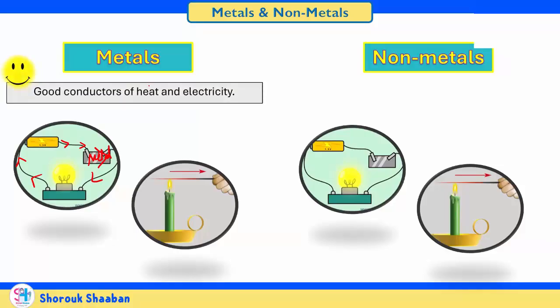For metals, they are good conductors of electricity and also of heat. For example, if I have a piece of metal and this end is heated up, the rest of the metal will be hot. Why? Because heat can pass through it.